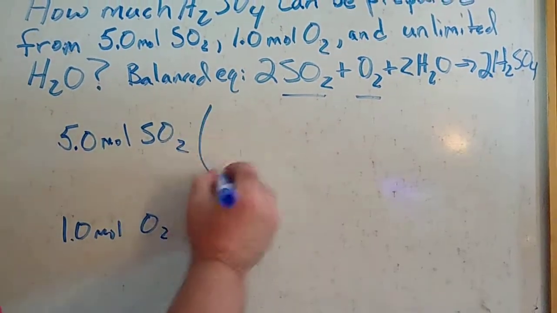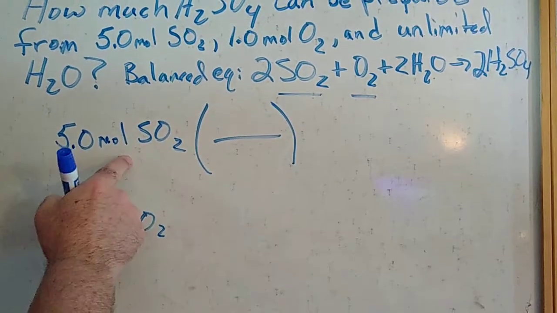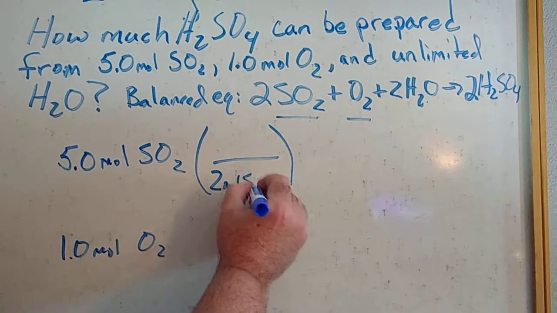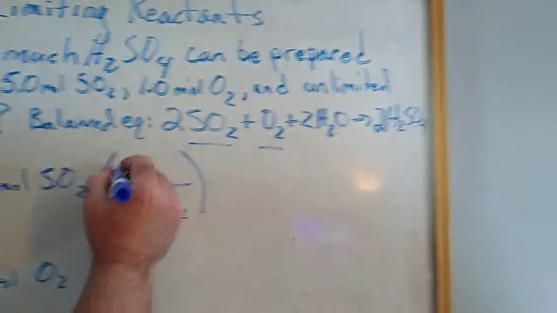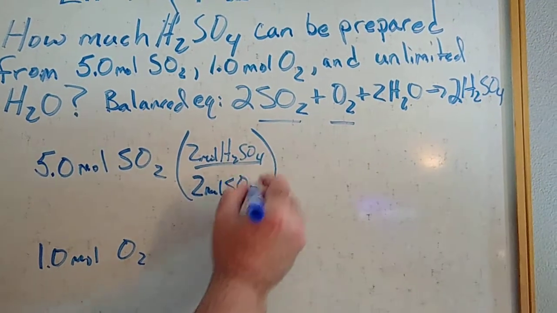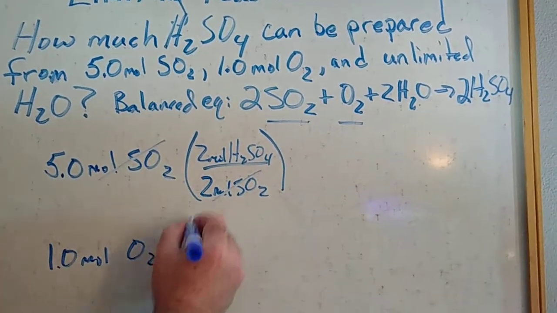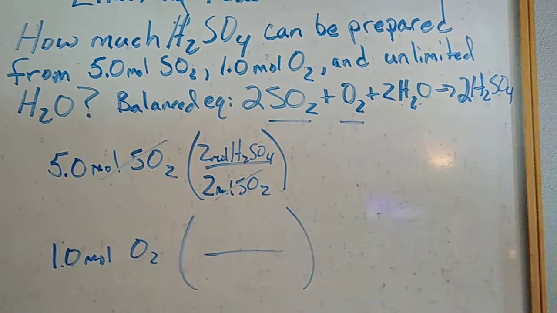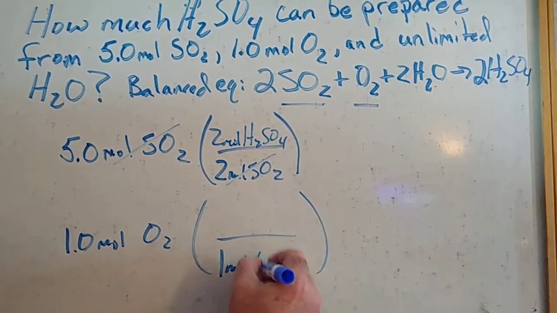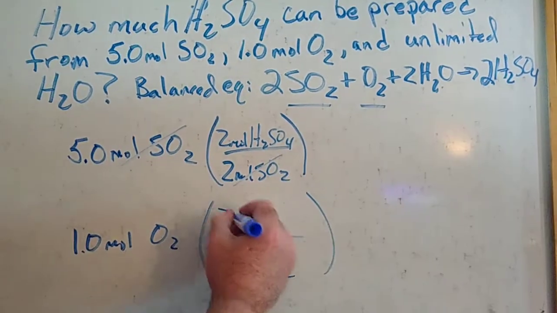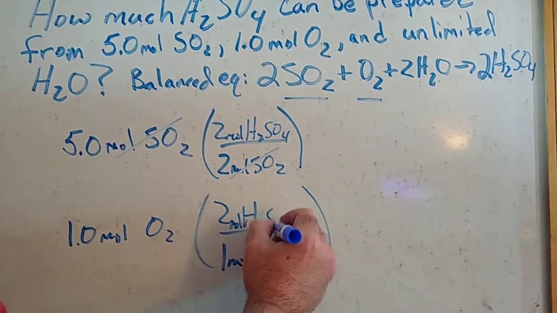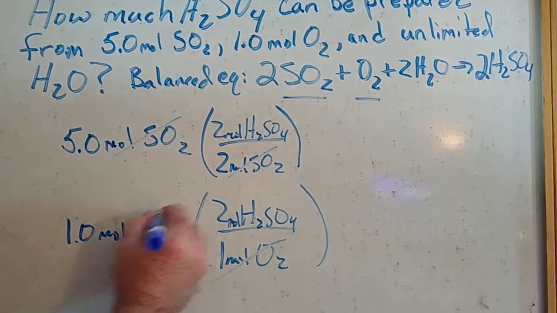So on this first conversion, I look at moles of sulfur dioxide, which is 2 moles SO2 is 2 moles of H2SO4. Those cancel out. I can do my second equation right underneath it. I have 1 mole oxygen to 2 moles H2SO4. Those cancel out.